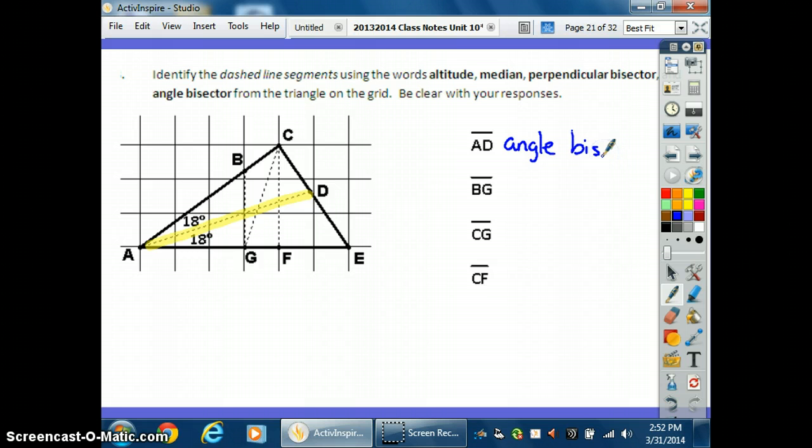All right, the next one. Let's erase that. I'm looking at BG. What is this? Well, it looks like it makes a right angle.